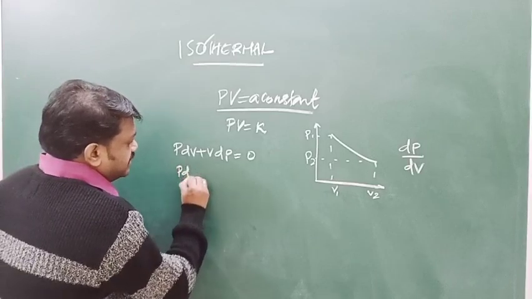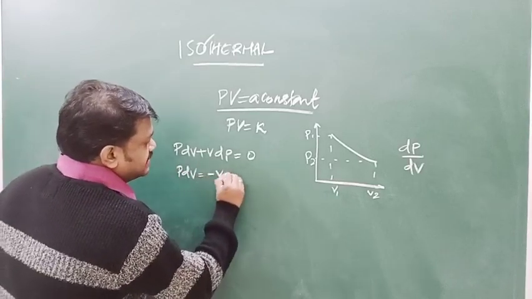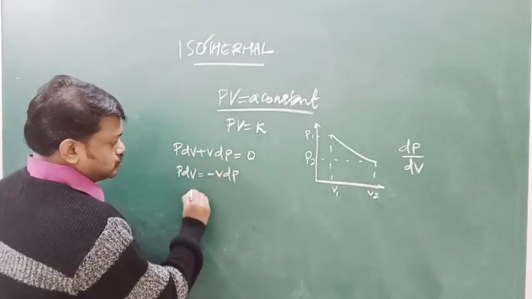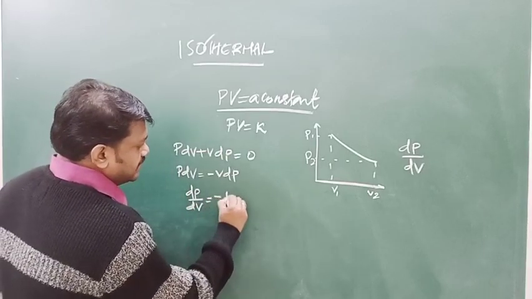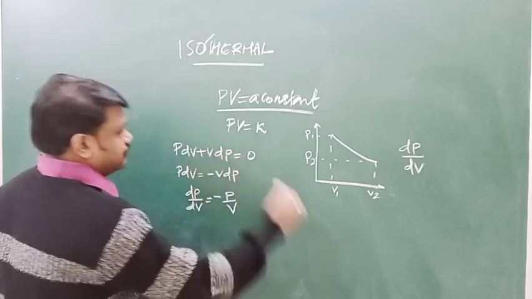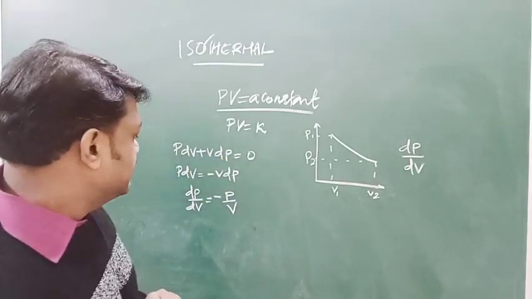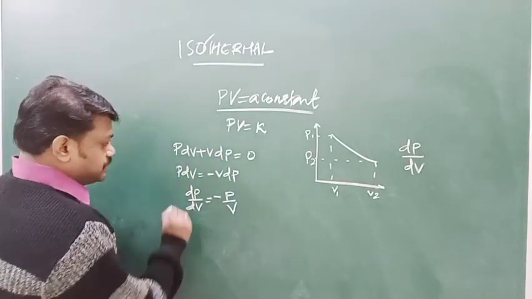So P dV is equal to minus V dP. So dP by dV is equal to minus P by V.